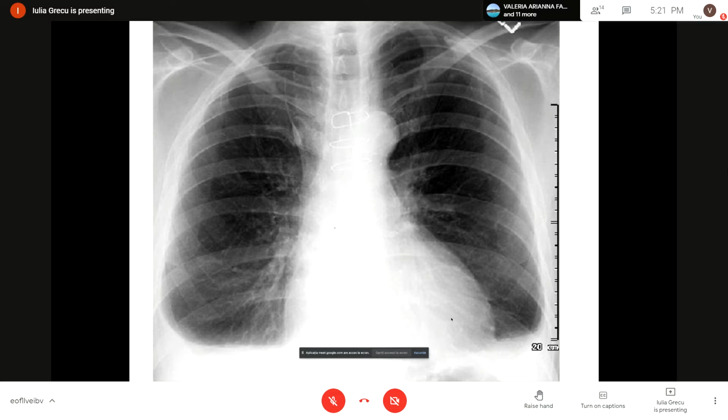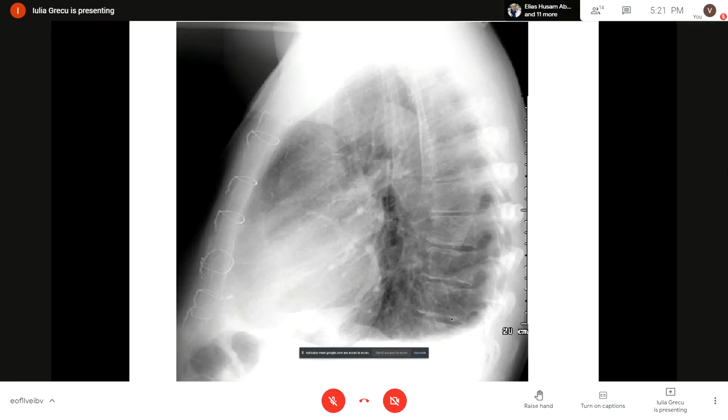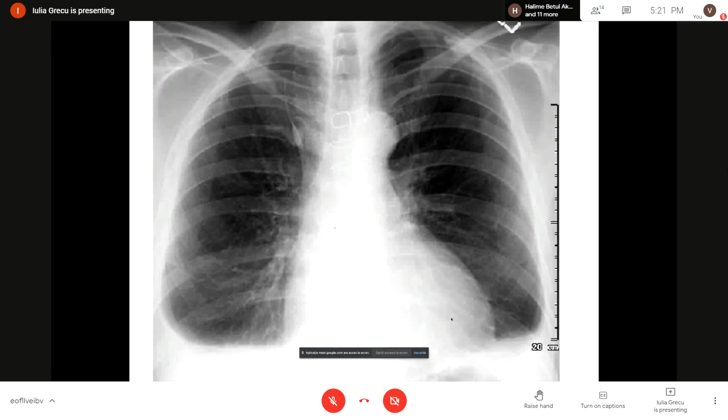Can some of you tell me which is the most probable diagnosis for this pleural effusion? Is it lobar pneumonia? Why so? Do you see any pneumonic opacities? Yeah, I think so, at the bottom. At the bottom, on which side?